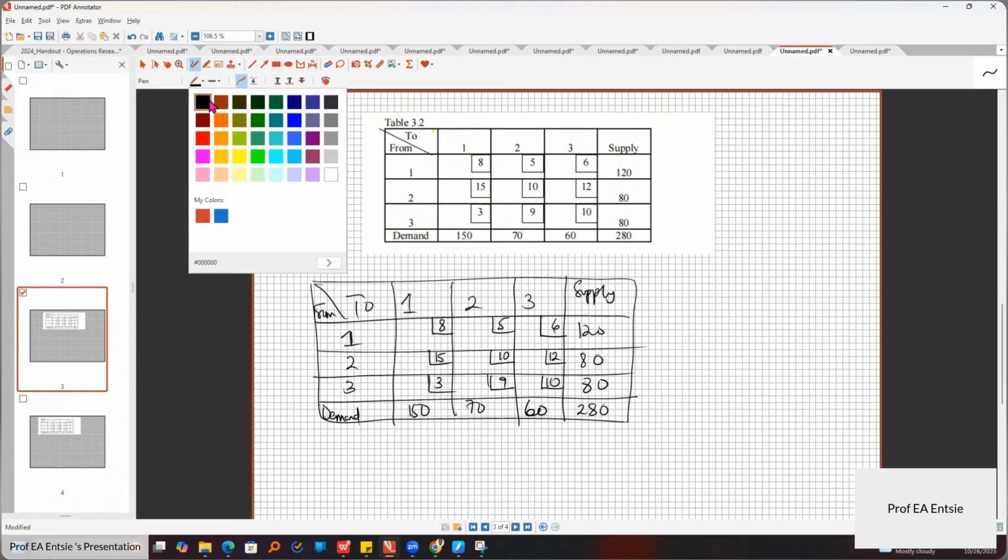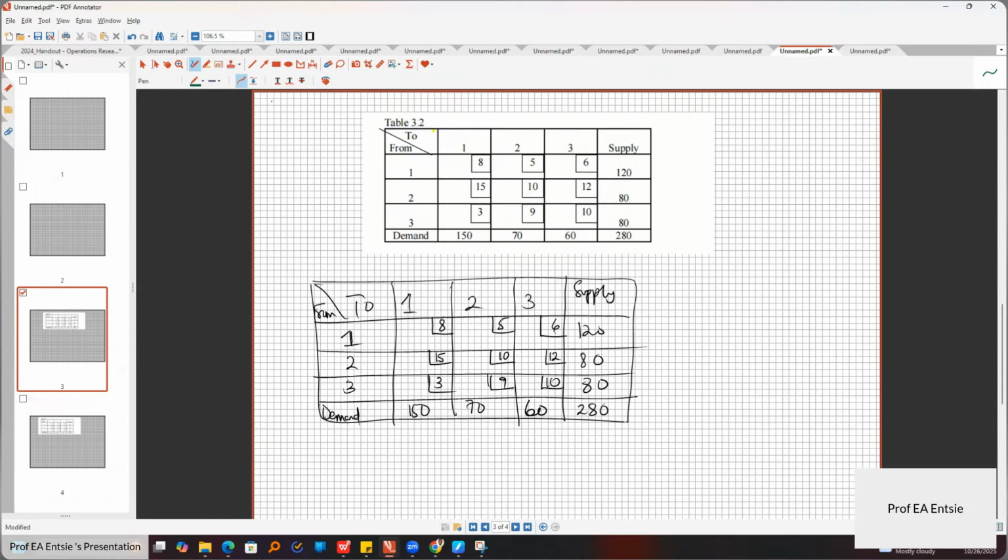So now let's come to the northwest corner method. As the name suggests, we work from the northwest side of the table and try to fill in or satisfy both the rows and the columns. What is the highest supply on row one? It's 120. What is the highest demand on column one? It's 150.